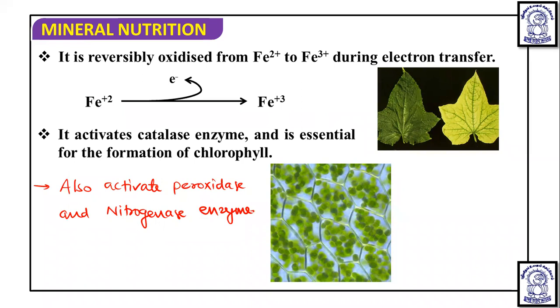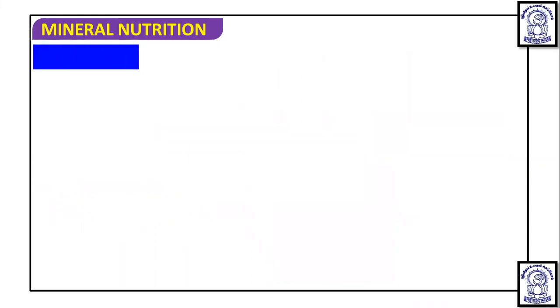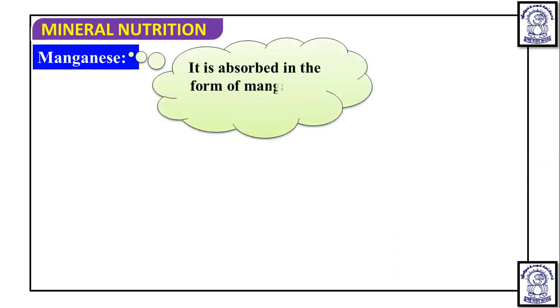Now after this, the next element is manganese. Manganese is absorbed as a manganese ion from the soil, that is Mn2+.